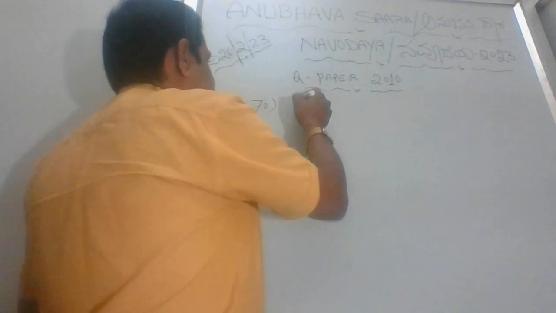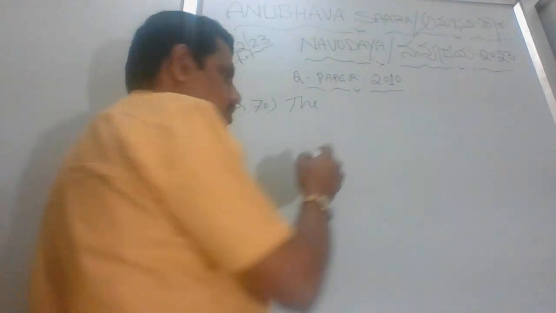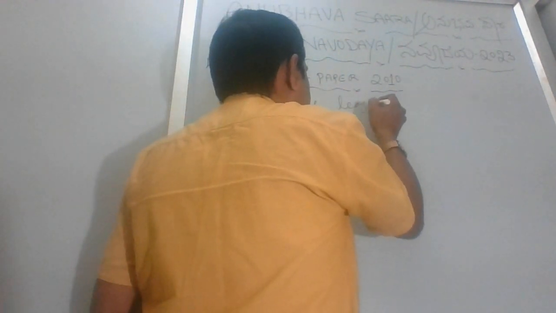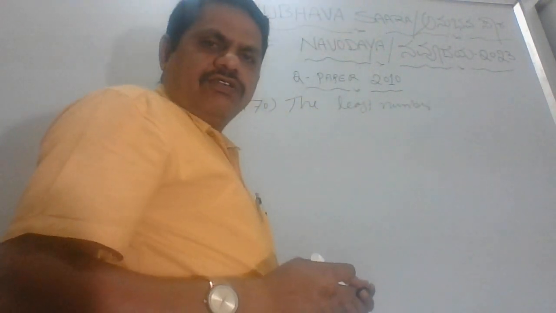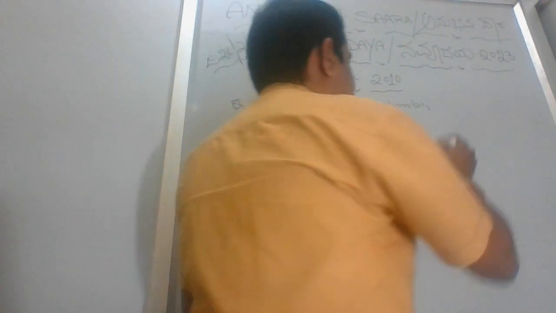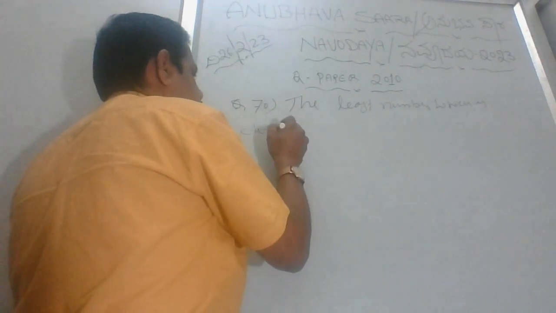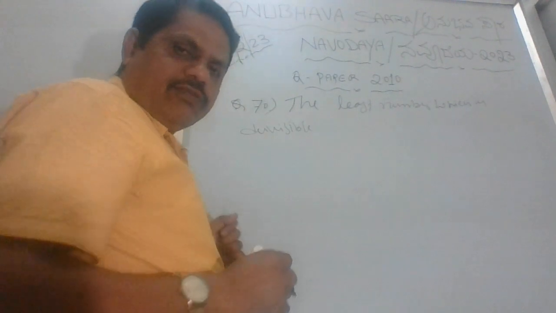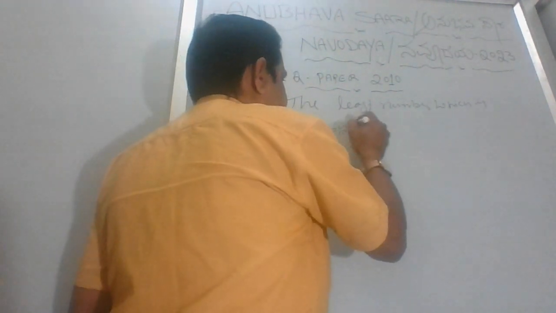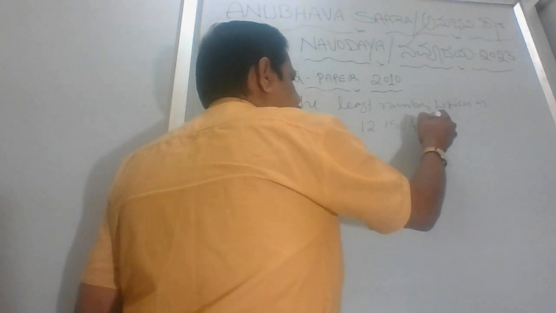The least number which is divisible by 12, 15 and 25.